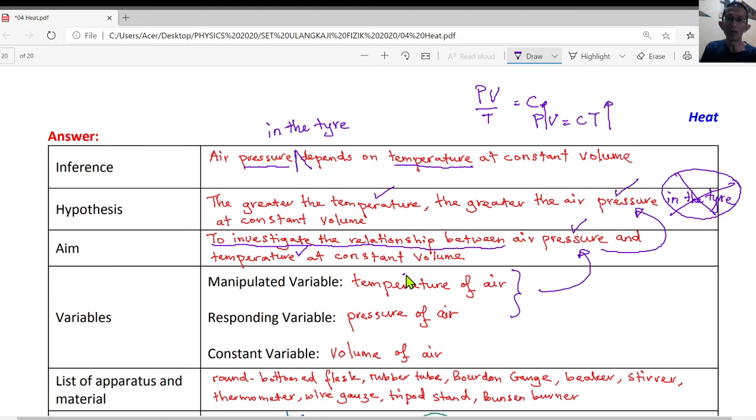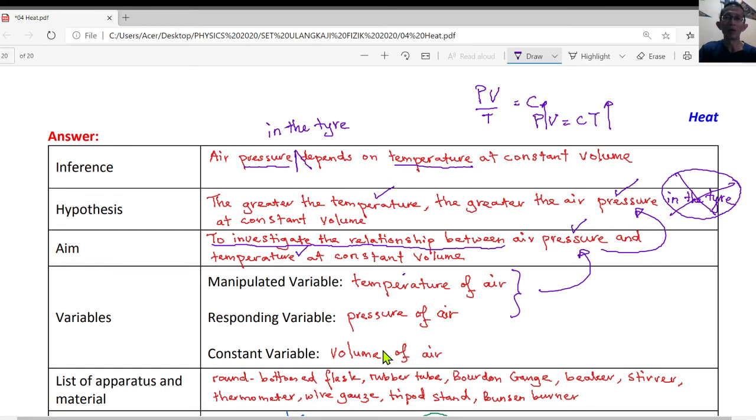I can control my temperature, so that's why I write temperature as my manipulated variable and pressure as the responding variable. Pressure can be read from a pressure gauge, right? And what is my constant variable? Remember that we are talking about gas law, which is always about pressure, temperature, and also volume. I have mentioned temperature and pressure up here, so the volume must be kept constant.